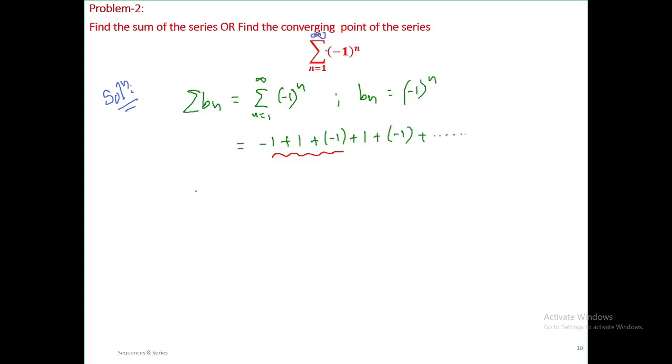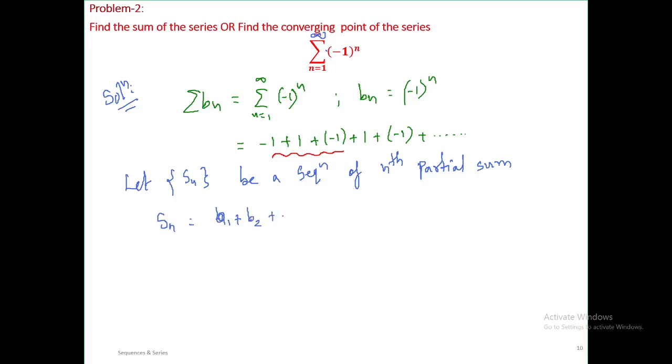Let me conclude this by using the concept of the sequence of nth partial sums. Let Sn be the nth partial sum. Then Sn will be, not a1, here b1 I need to write because I have taken bn, so b1 plus b2 plus b3 and so on, the first n terms of the series.